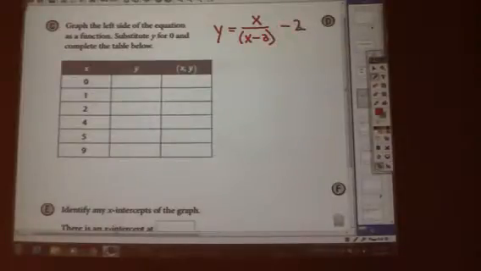So go to y equals, x divided by parentheses x minus 3, minus 2. Go to second table. Find the values when x is 0. What is y? Negative 2.